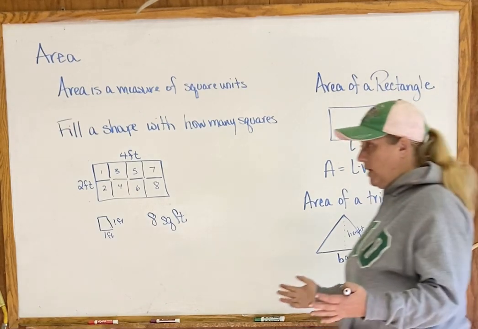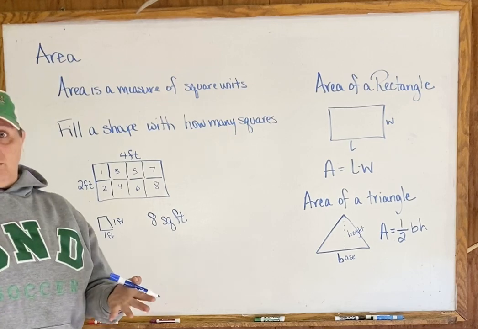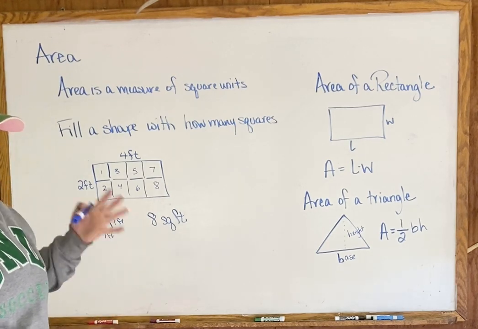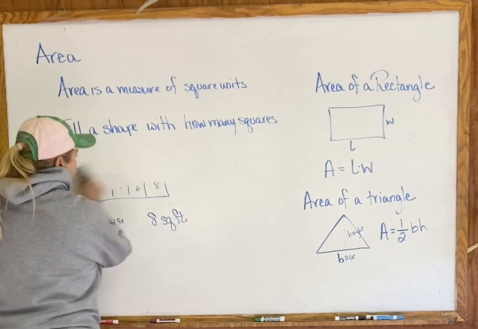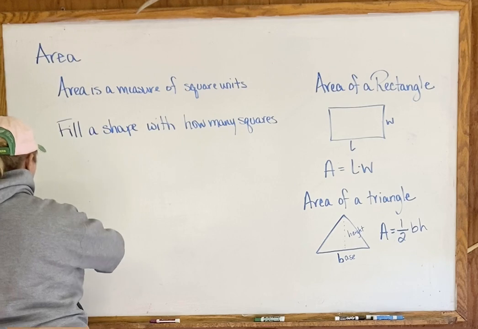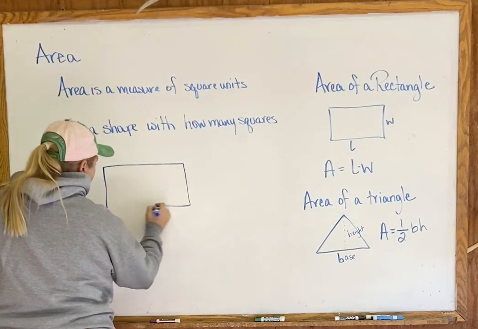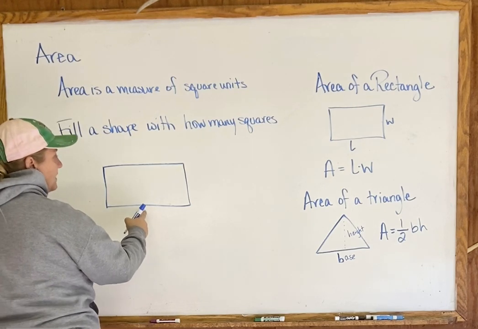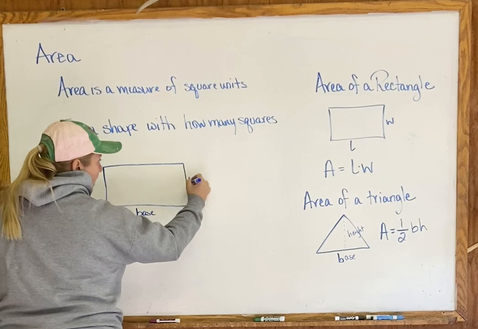Now, you might be like, wait a minute, why is it 1/2 base times height? Some of you might not care, but we're in this class because we're supposed to be learning and thinking about these things. So let's look at a rectangle again. We don't normally call this base and height, but we could, couldn't we?